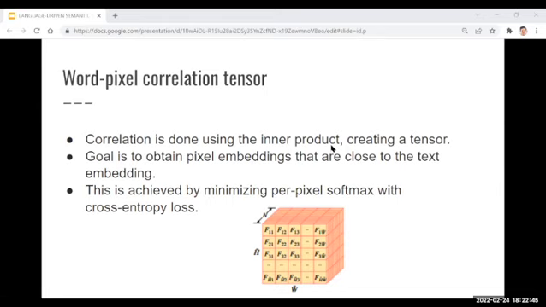And how is this done? Like for any machine learning problem, there is a loss function which is minimized. So this is the same here: a per-pixel softmax with cross entropy loss, which you get from PyTorch. The PyTorch cross entropy loss function is minimized, and this is kind of a standard in semantic segmentation, followed across all semantic segmentation models.